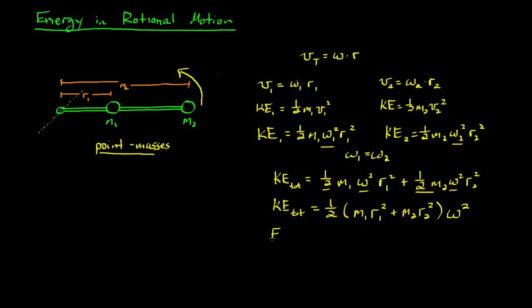So the total kinetic energy is going to be 1/2. Now, if I had 5, 6, 7, 8, 9 objects, I could use the same equation. So this is just the sum over i of m_i r_i squared, times omega squared. So this is the total kinetic energy for a system of point masses.